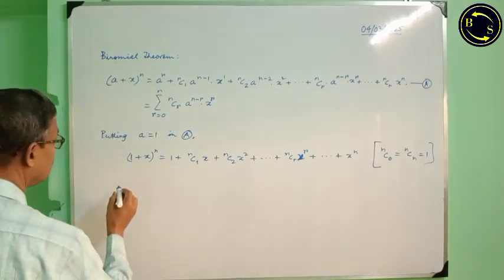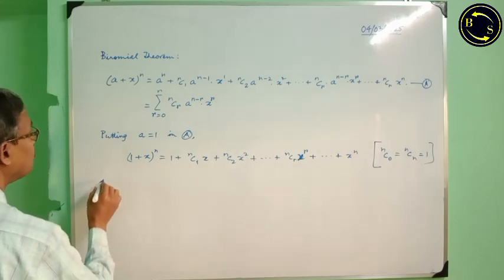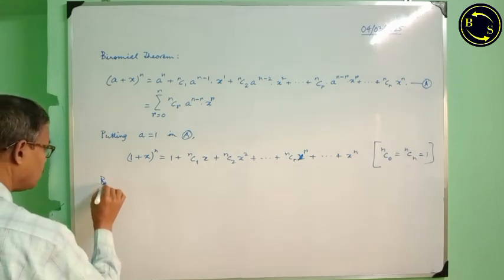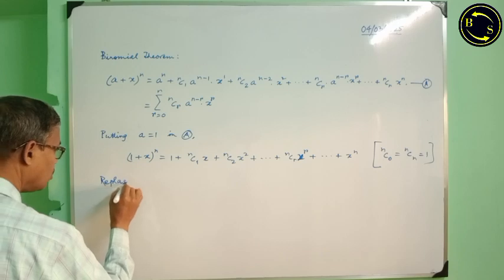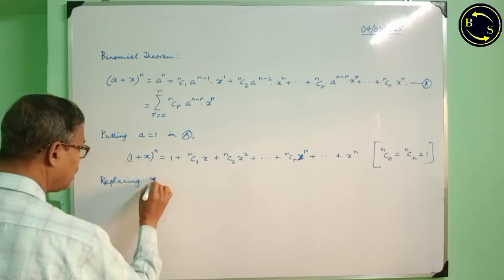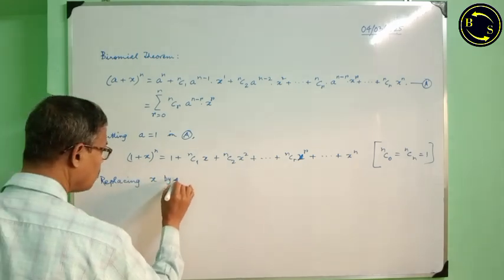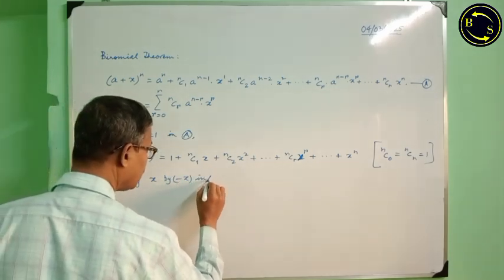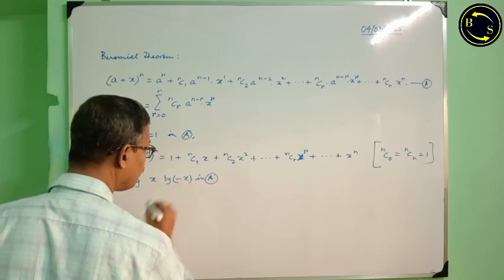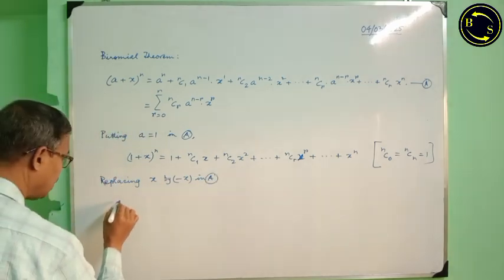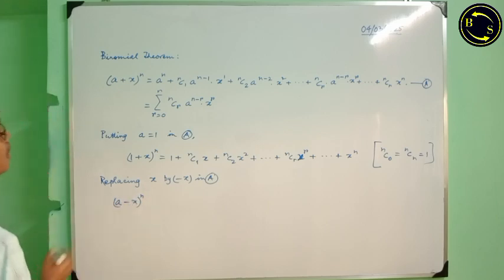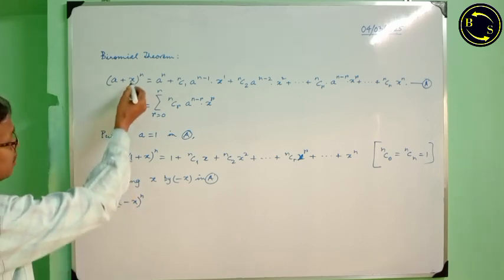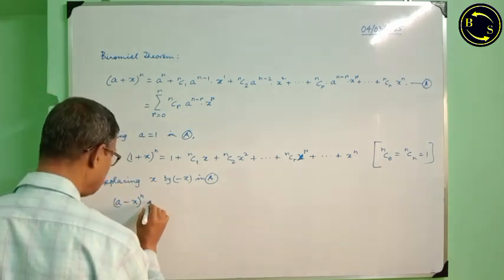Then replacing x by minus x in A, what we get? (a minus x) whole to the power n. Originally (a plus x) whole to the power n. Then if we replace x by minus x, we get this one.